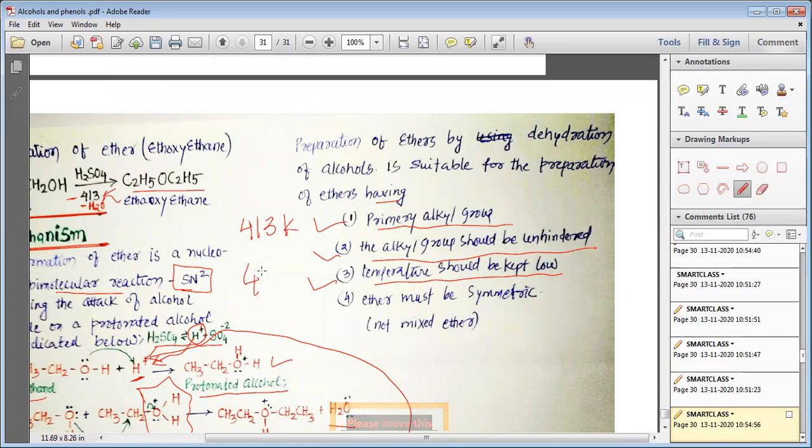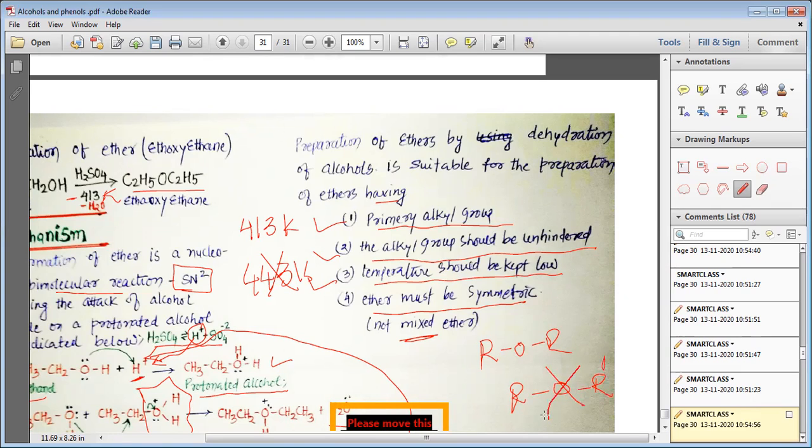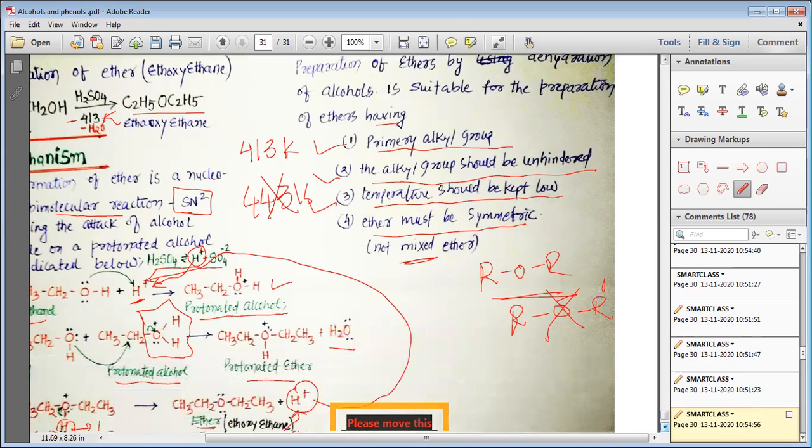But if the temperature gets to 443 Kelvin, we do not get the exact product. And the ether must be symmetric, that means ROR, not ROR dash. So ROR dash kind of ethers cannot be produced by this reaction, but we can produce only symmetric ethers by the dehydration of alcohol.